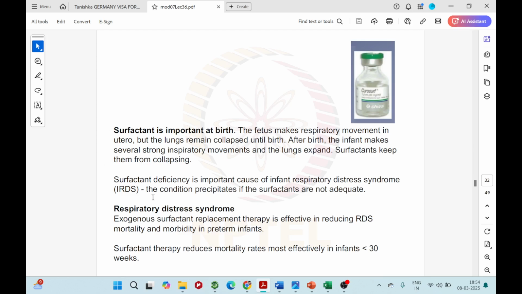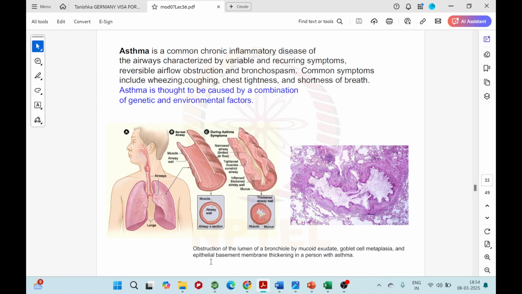Surfactant deficiency is an important cause of infant respiratory distress syndrome, so the condition is precipitated if the surfactant is not adequate. Exogenous surfactant replacement therapy is effective in reducing RDS (respiratory distress syndrome) mortality and morbidity in preterm infants.